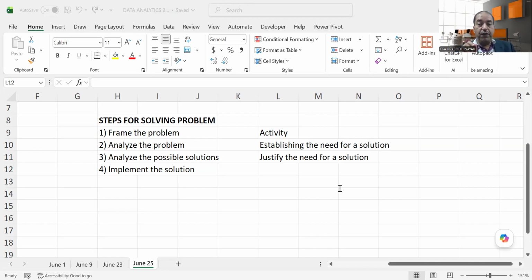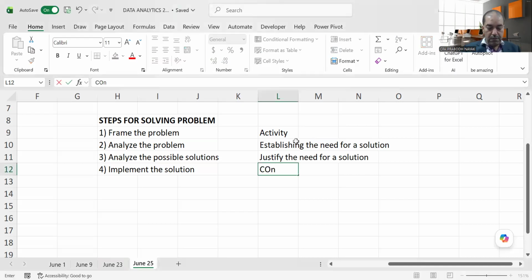What are the desired benefits of that solution to the company? How do we measure these benefits? How do we implement these solutions? So these are the questions to be asked for the activity of justifying the need for the solution.